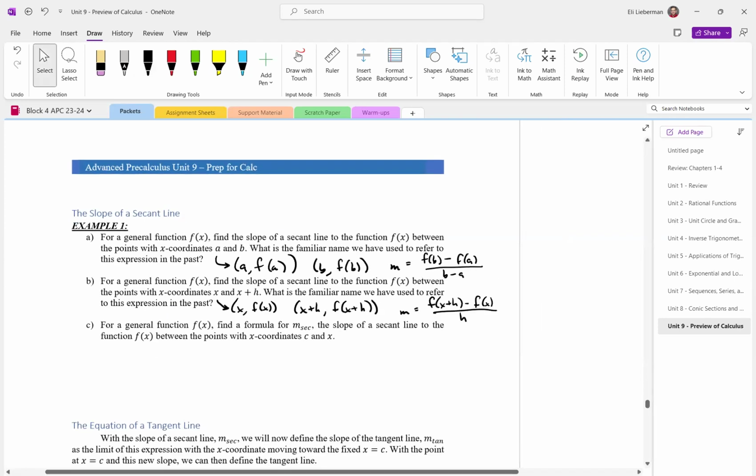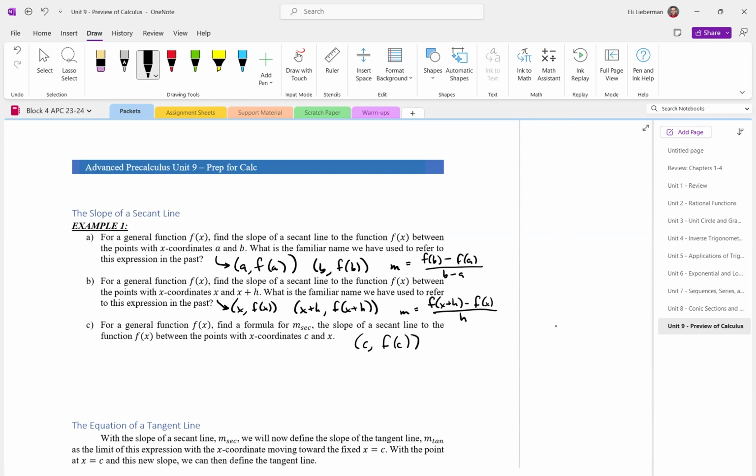And the last one, find a formula for m underscore secant, or the slope of the secant line to the function f of x between the points with x coordinates c and x. So we got c comma f of c. I'll let you finish this. I'm going to ask for one more person to help us with this.